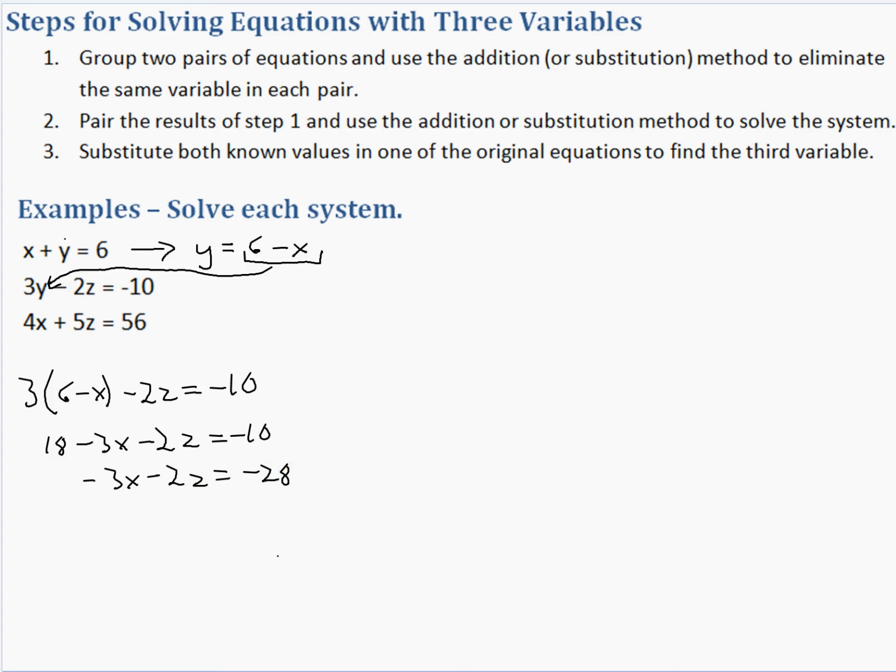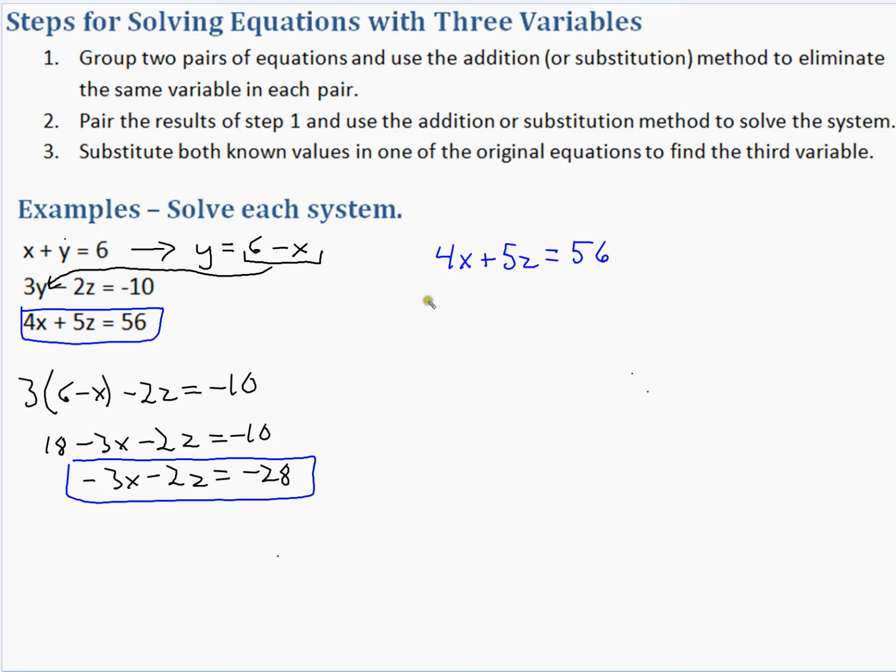Now that we've done that, we have 2 equations that have an x and a z in it. And so we're going to use those 2 equations. Now I'm noticing in both of our examples here we got rid of y. You don't always have to get rid of y, it's just what turned out for both of these.